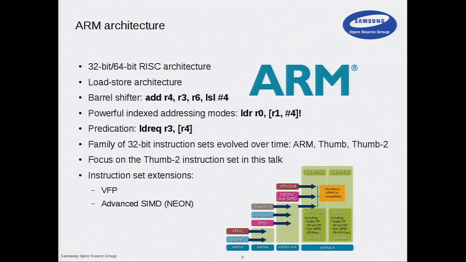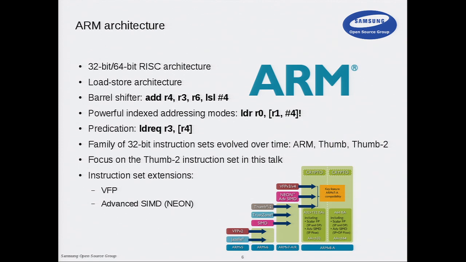Same with the addressing modes. This is a pre-indexed load with write back. In addition to loading the value into R0, we also update the base register R1 with the new value, and this allows us to save an additional add instruction, which we would need to increment the base pointer.